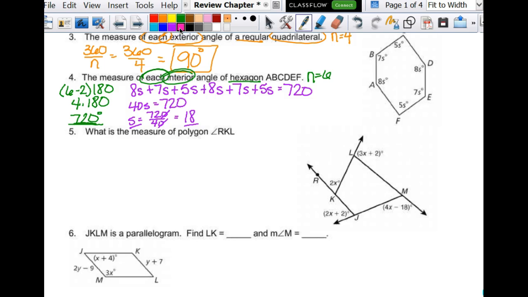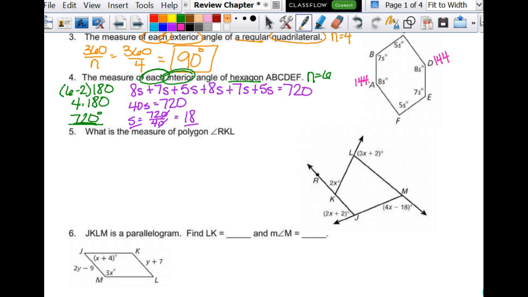And I got to do 8 times 18. So I can do 8 times 20, which would be what? 8 times 20 is 160. And then subtract 16, that's going to give me 144. So the 8s is 144. Then 18 times 7. Well, if 8 of them is 144, 7 of them is 18 less.